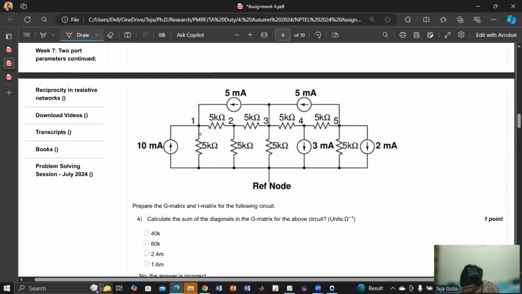At node 1, we have 5K and 5K, so 0.2 milli plus 0.2 milli. How much is that? Summation of conductance.